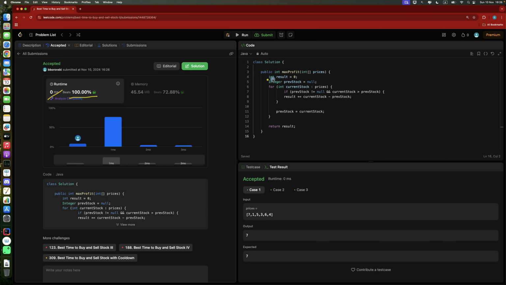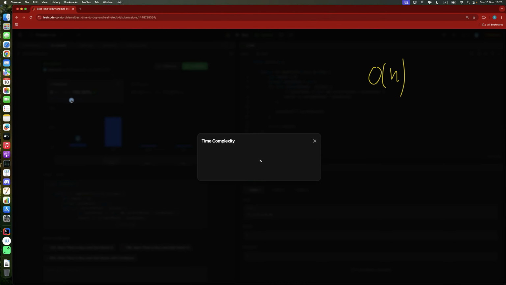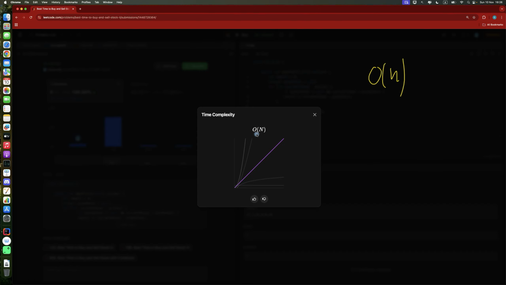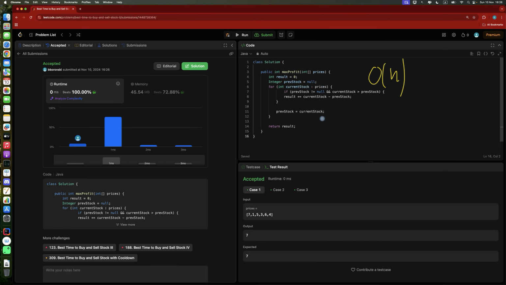What will be the complexity? What do you think? I think it's all fine, right? Let's see. Okay, so it's all fine. Yeah, we have only one for loop. No need for optimizations or some kind of this stuff.